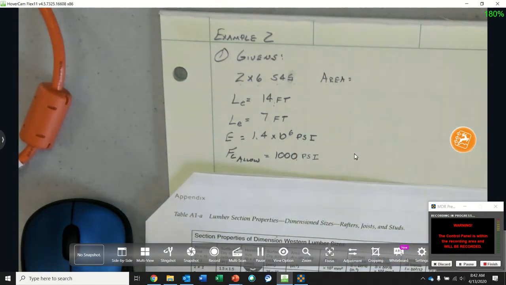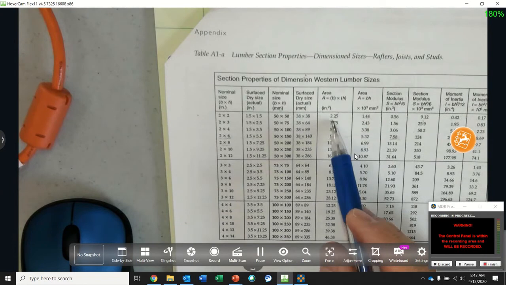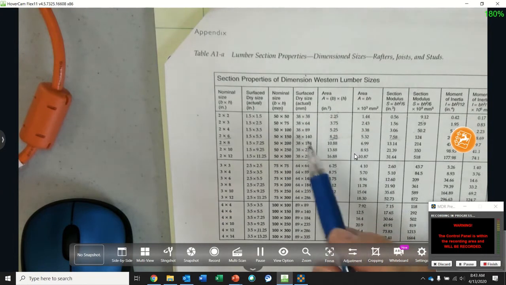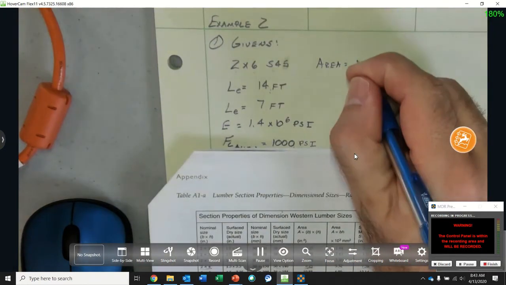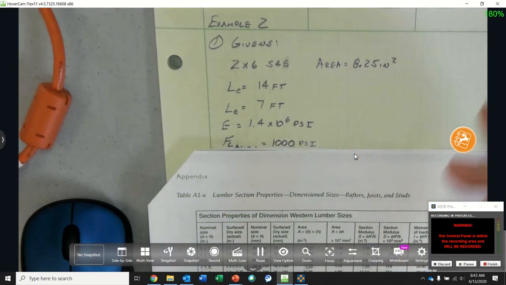Area in inches squared of a 2x6 is 8.25. Now I need to know my moment of inertia.